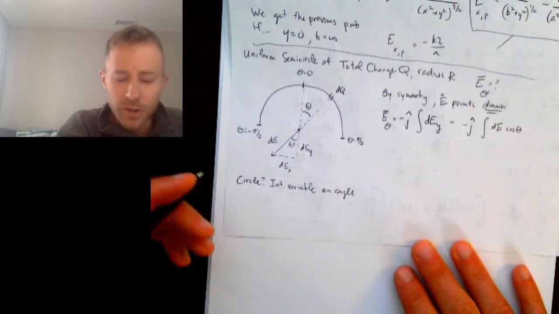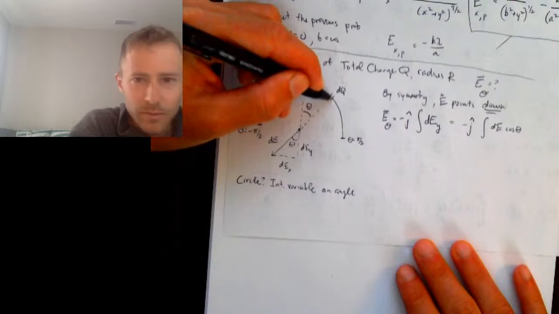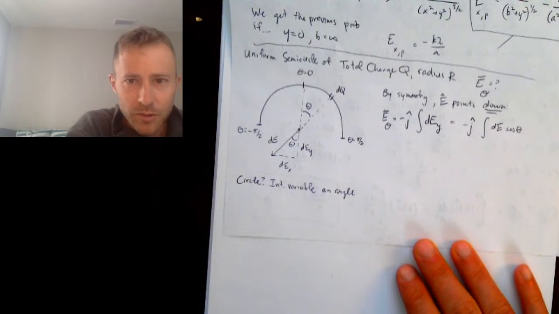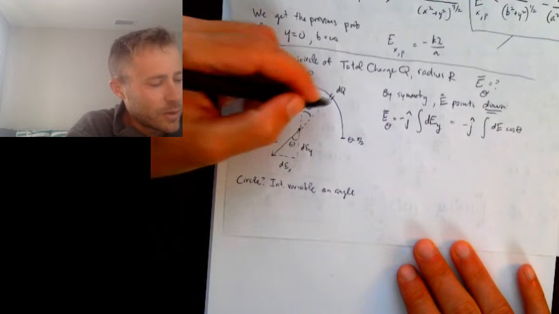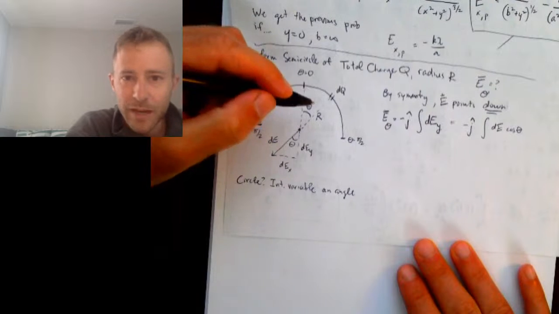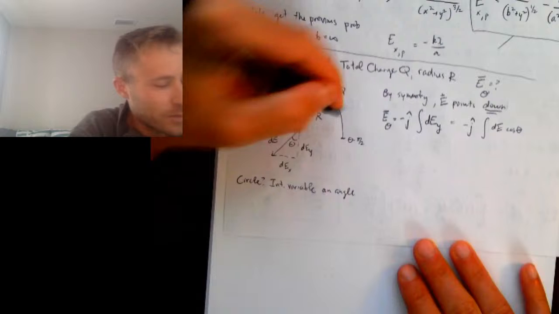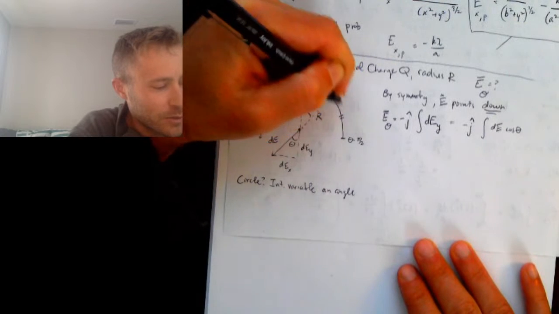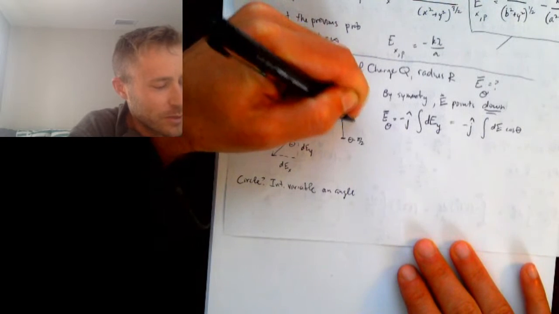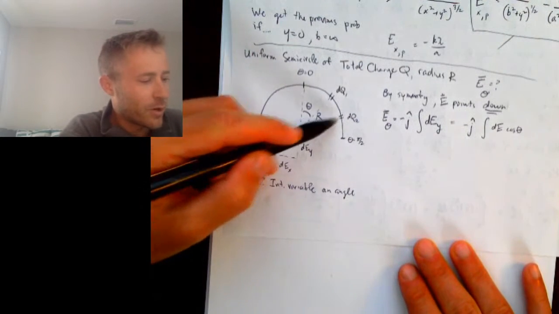So now I have to figure out what is dE. Well, if I look at this infinitesimal piece of charge, dq, it is a distance big R from the origin. And it doesn't matter where we are, which piece of charge we're talking about, right? Because if I take another piece of charge here, it is still a distance big R from the origin.